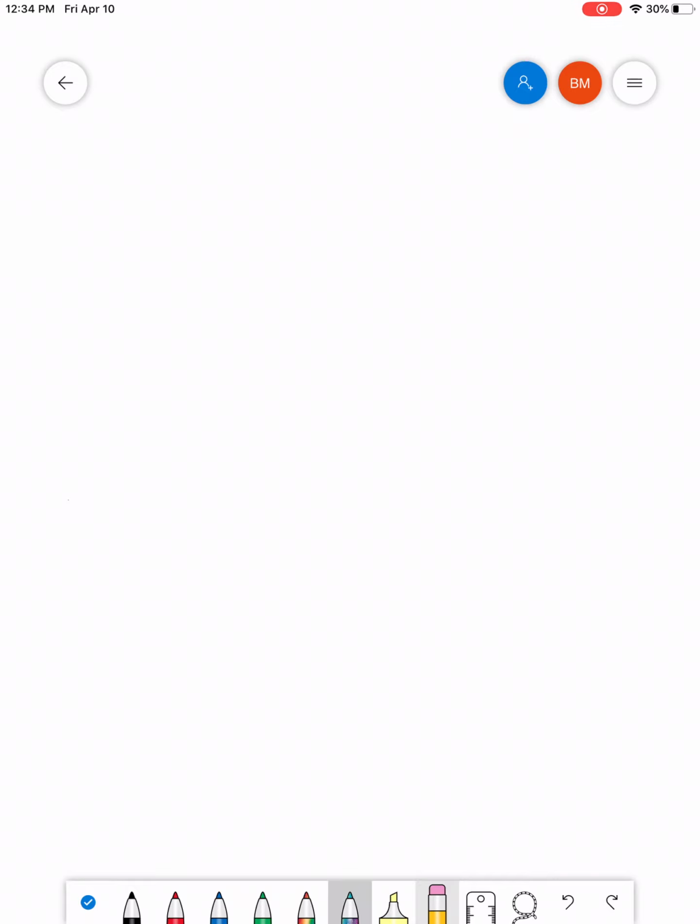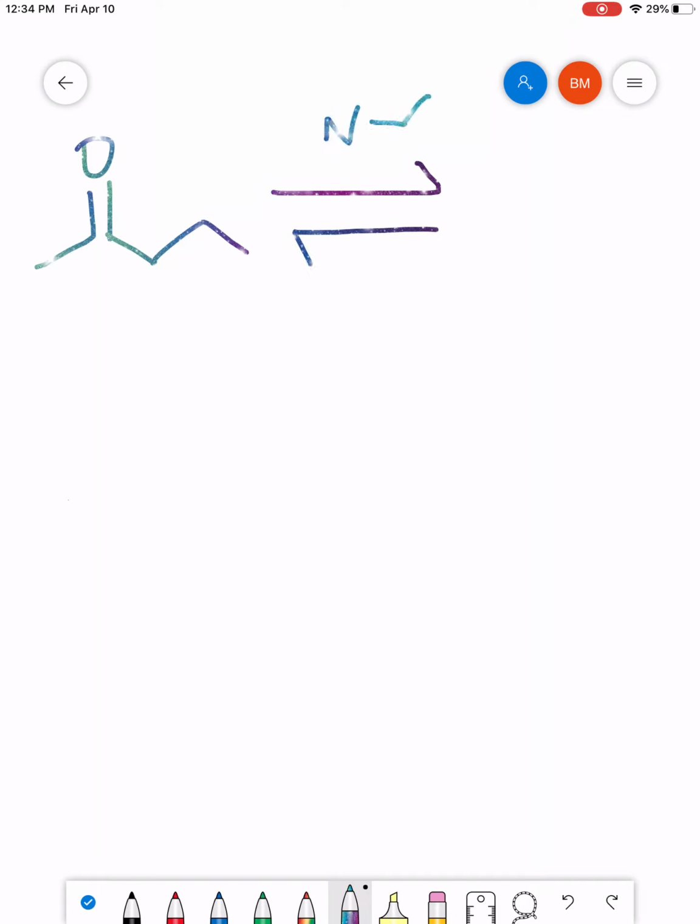Let me take one like this. Come on. There we go. Let's see, and we'll make diisopropylamine this time. Okay, so I'm not going to go through the mechanism of this one, right?